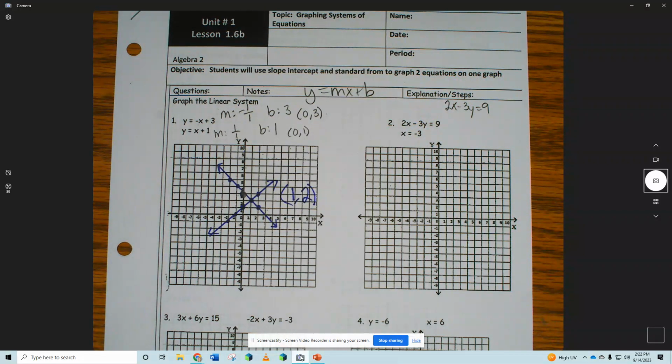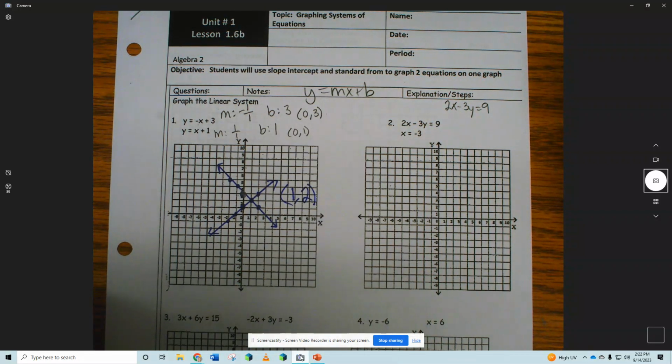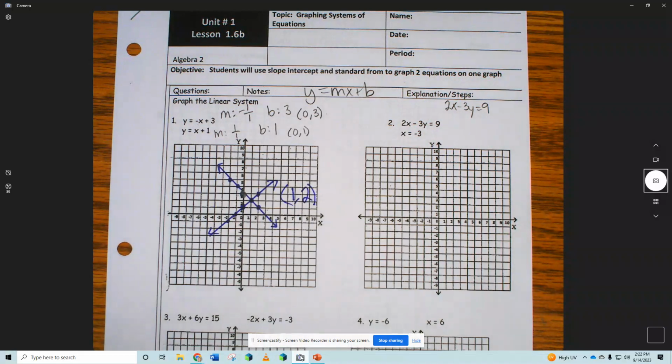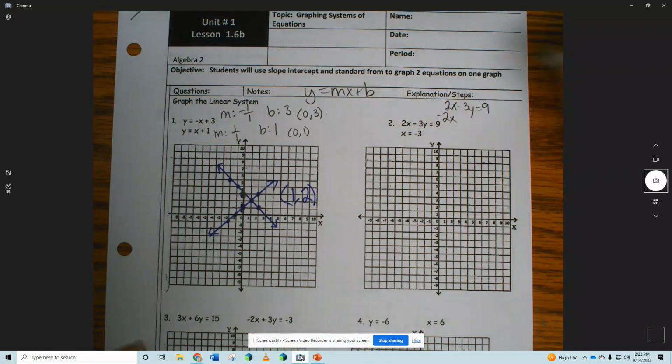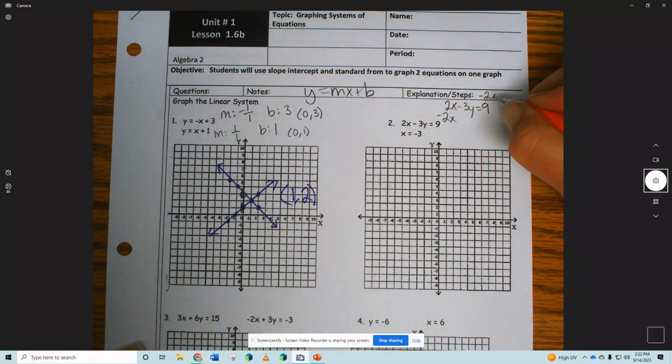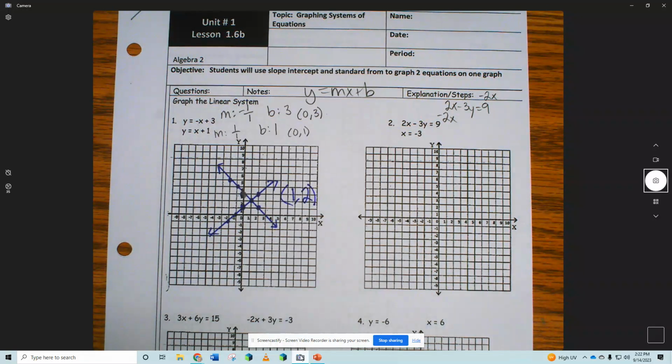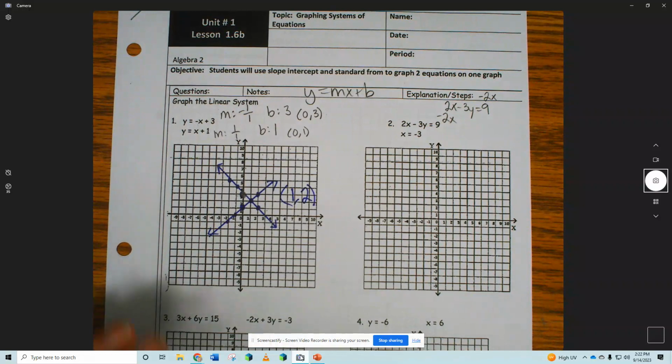So, how do I change this to y equals mx plus b? No, I don't want to divide first. No, something else. Think more. Brayden? Subtract the 2x. Get the x term over. Remember, it does not go after the 9. Right after the equal sign goes the x term.